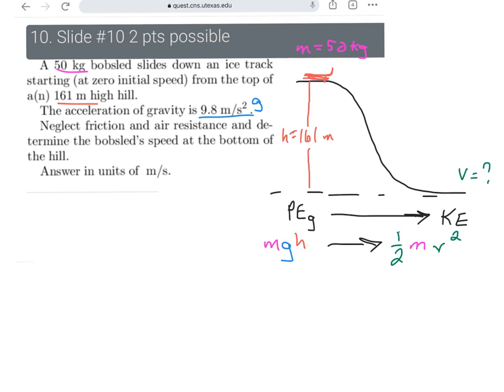So you'll notice that if we set these two equal to each other, then the mass on this side, the mass on the right side, those are going to cancel out. And so our equation is going to simplify a little bit. That's just going to be gravity times height. That'll be equal to 1/2 of the velocity squared.